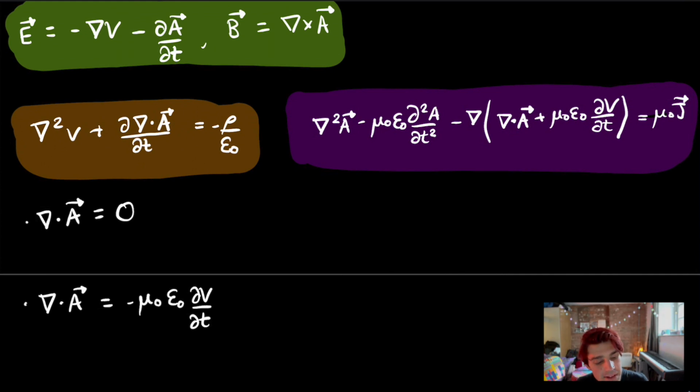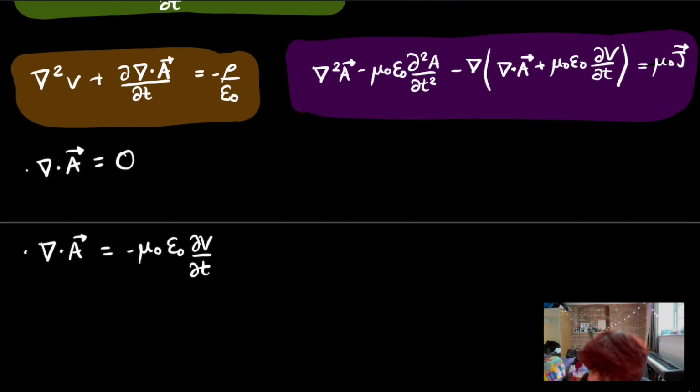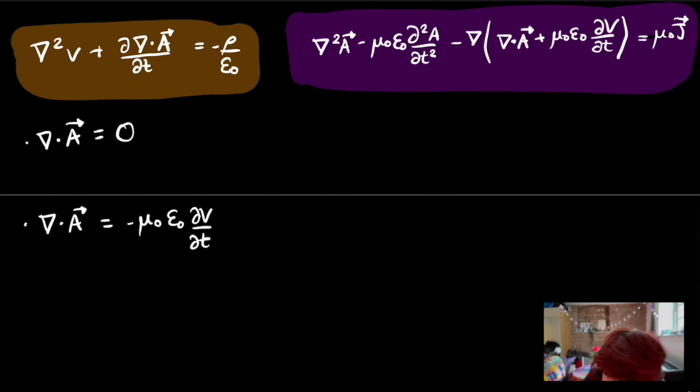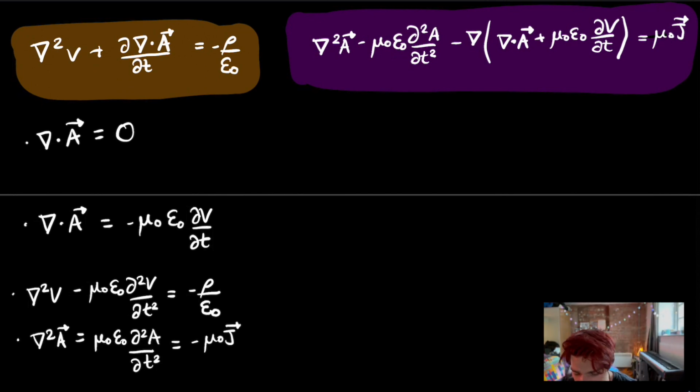Now, what happens when we substitute this into Gauss's law right here and Ampere's law right here? What are we going to get? Well, for Gauss's law, we are going to get this equation right here. And for Ampere's law, we are going to get this right here.